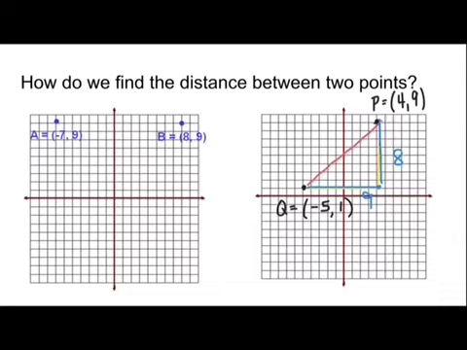And then we're going to use the Pythagorean theorem to solve for our hypotenuse, or our C. So we plug that into our Pythagorean theorem, 8 squared plus 9 squared equals C squared, and we solve that: 145 equals C squared. We take the square root of both sides and we end up with the square root of 145 equals the square root of C squared.